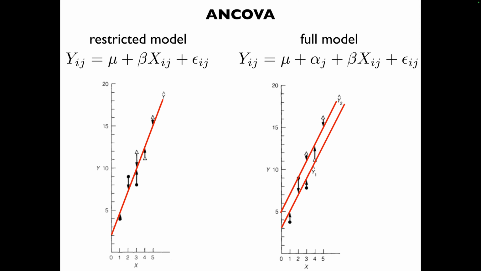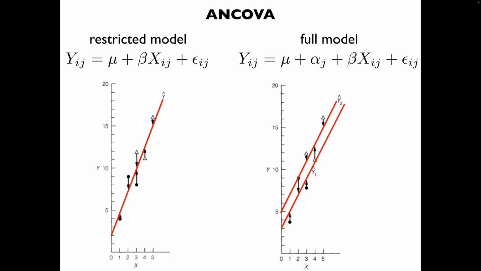Each group could have its own intercept, but they both still have the same slope. And so the question in ANCOVA now, remember, the question is not, should we have a covariate? In ANCOVA, we go in assuming that the covariate should be there. The question in ANCOVA is, now that the covariate's in there, do we need one intercept for all groups, or does each group need its own intercept?